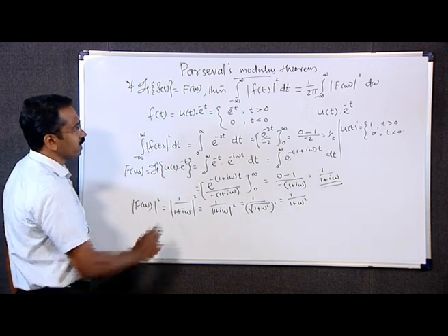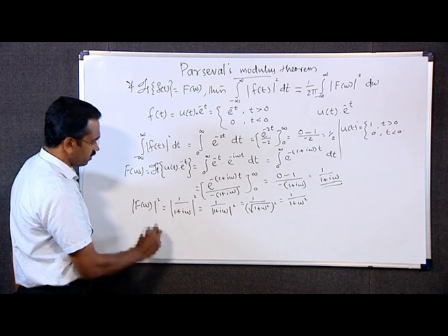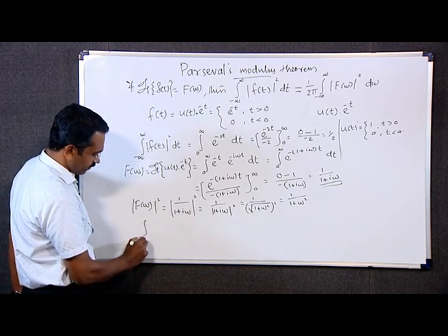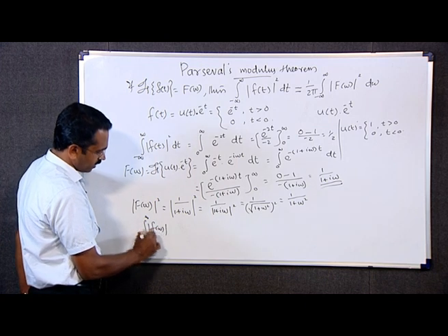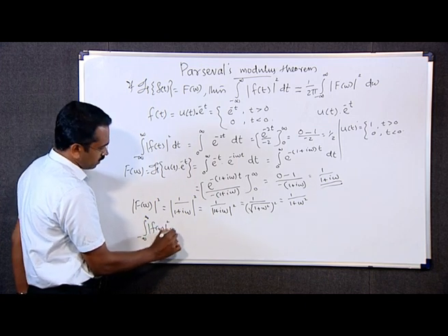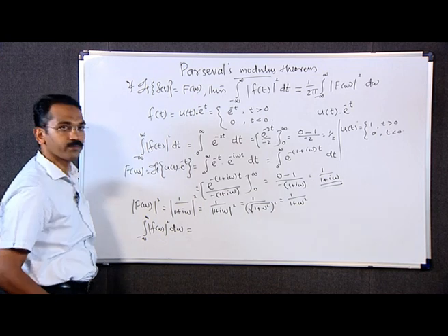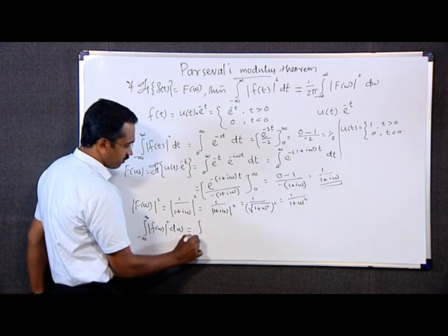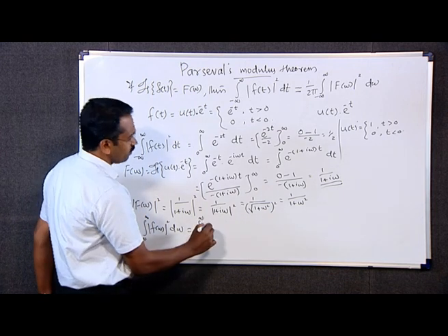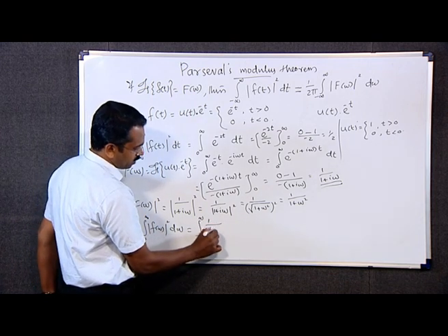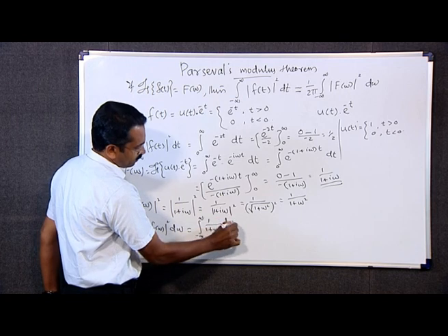Now, integrating with respect to omega, we get integral from minus infinity to infinity modulus of f of omega squared d omega is equal to integral from minus infinity to infinity 1 by 1 plus omega squared d omega.